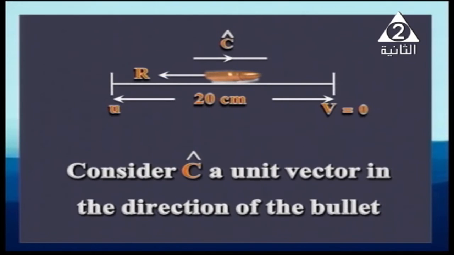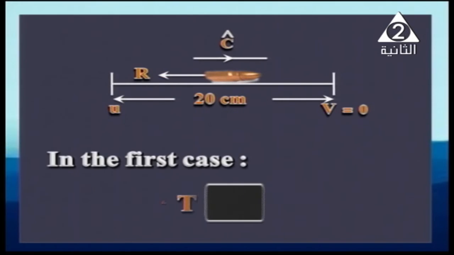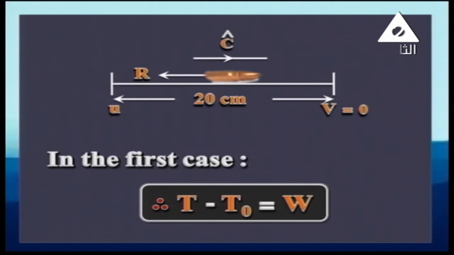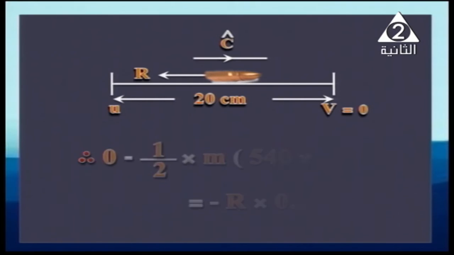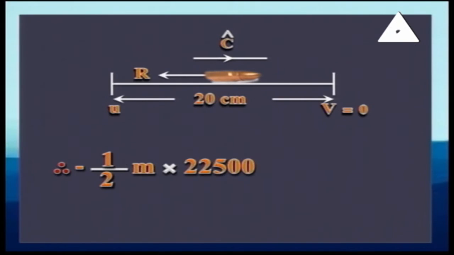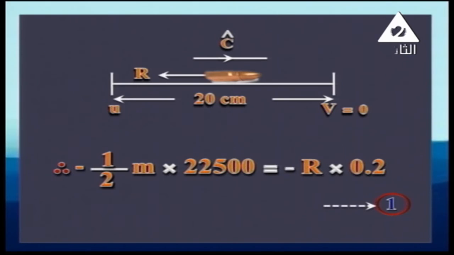In the first case, the change of kinetic energy equals the work done: T minus T naught equals W. By using substitution, we find the relation between M and R. Negative 1 over 2 M times 22,500 equals negative R times 0.2. This is the first equation. We have two unknowns, M and R.